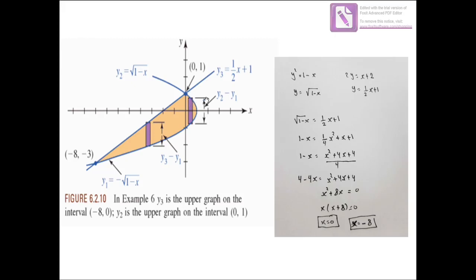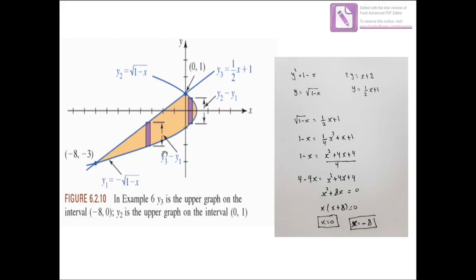But if you look at this graph, you will see that the graph of y squared is equal to 1 minus x will be this graph. It is divided in two parts. We said that y squared is equal to 1 minus x. That means y is equal to plus or minus root 1 minus x. So the upper part will be root 1 minus x.